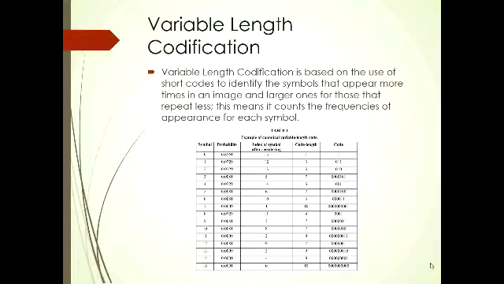The characteristic of this code needs to be that the ones with the highest probability correspond to the shortest code. In this example, we can see that the symbol 0 has a probability of 0.6561 and the code length is 1.